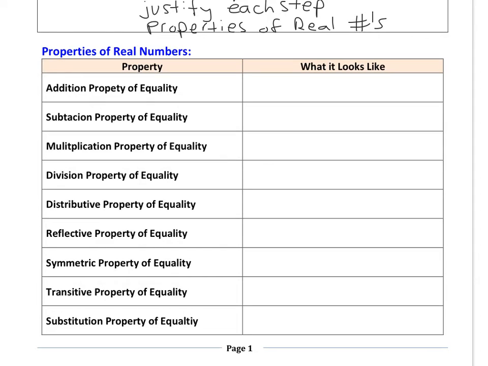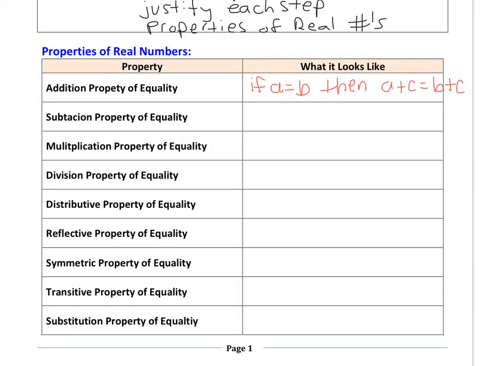First one, addition property of equality. The addition property of equality says that we can add something to both sides of an equal sign and still maintain equality. So if A equals B, then A plus C equals B plus C. I can add that same quantity to both sides of the equal sign and still maintain equality.